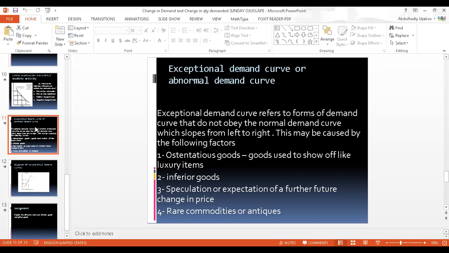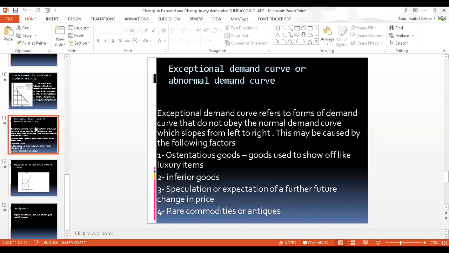Therefore, they went on buying more and more. So when this happens, it is an exceptional demand. It goes against the regular law of demand that when the price of a commodity goes up, people should stop buying. So speculation will lead to an abnormal demand situation.